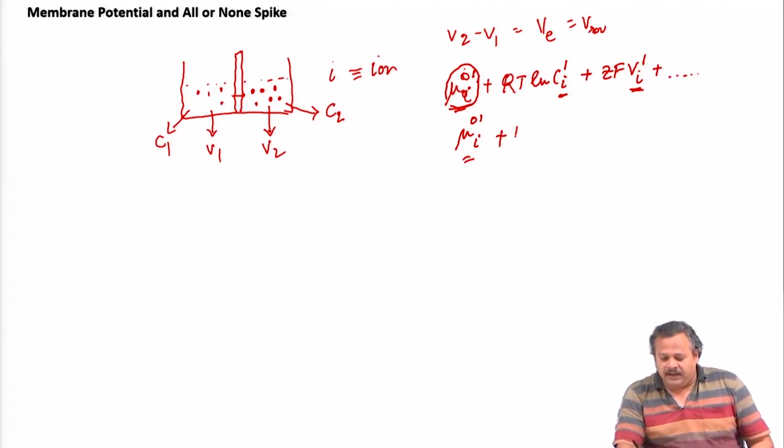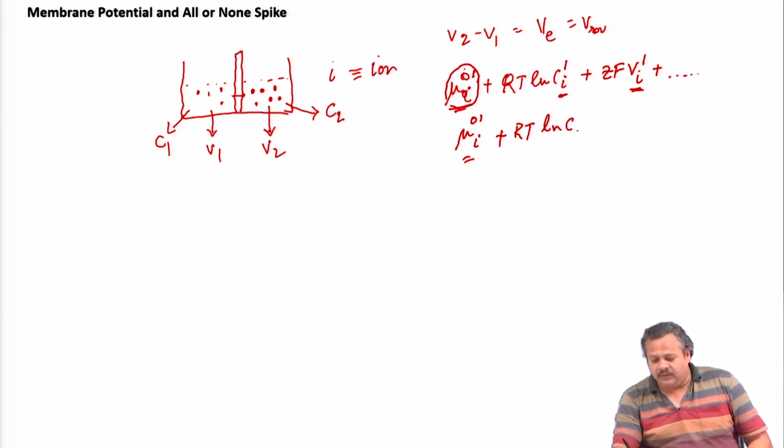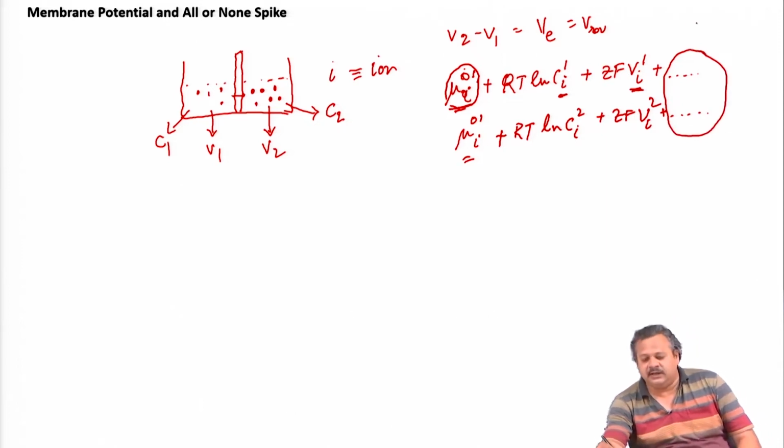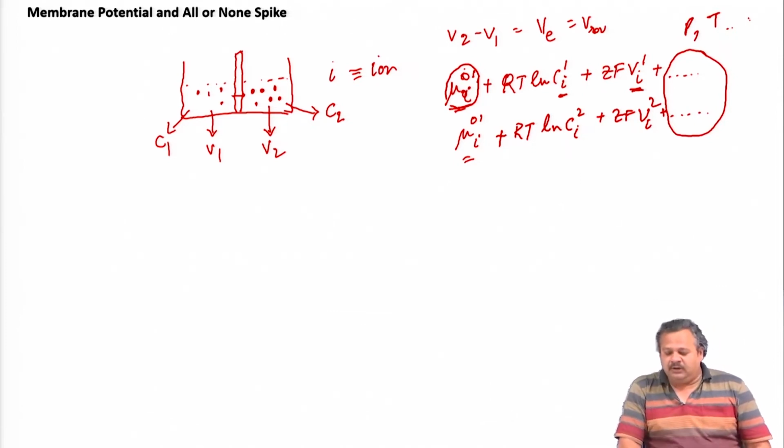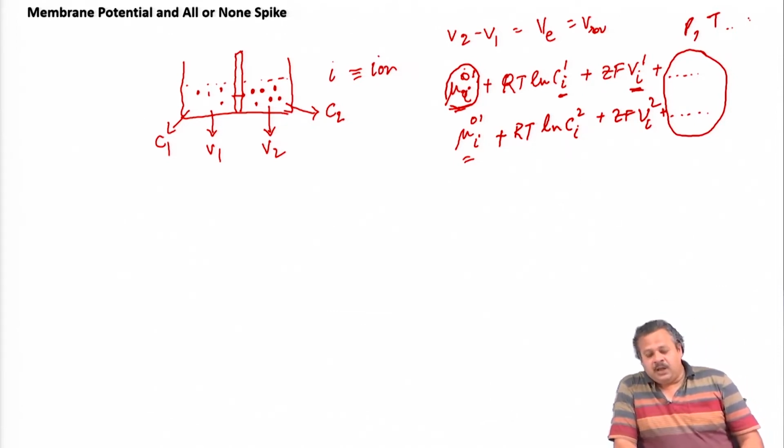Additionally, the electrochemical potential on the right hand side will have the term RT log Ci2 plus ZF Vi2 plus the other terms, which we will assume to be constant on the two sides, that is terms due to pressure, temperature and so on, and they will not come into the picture.